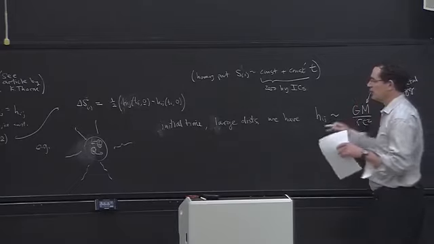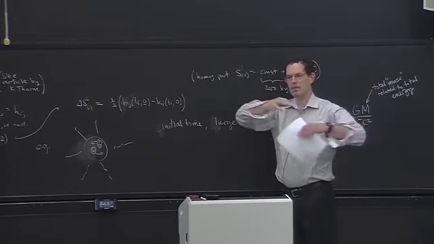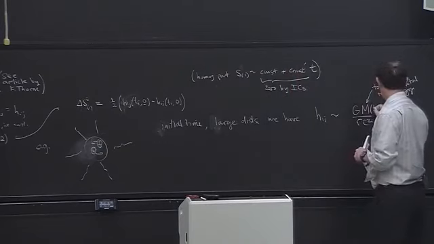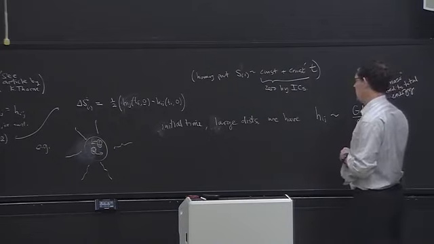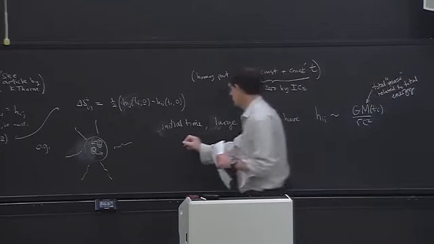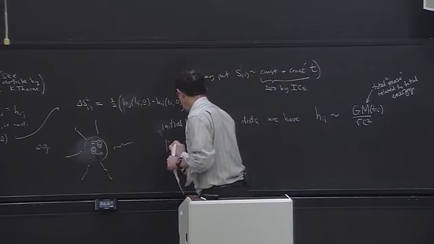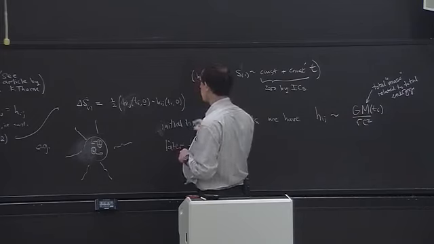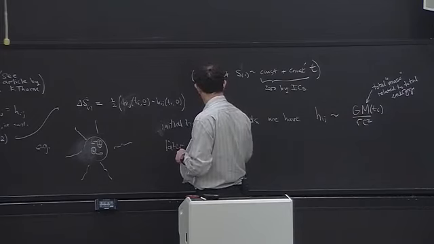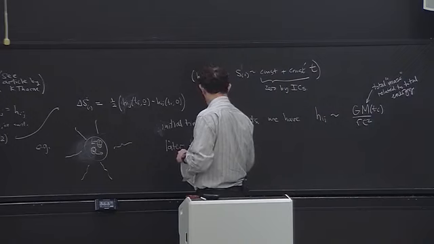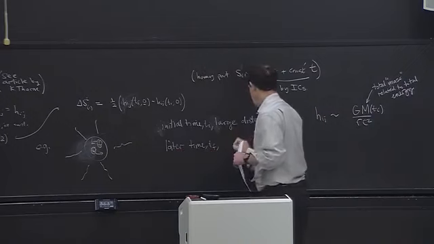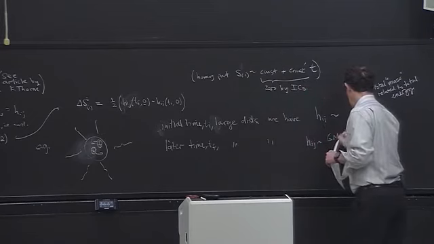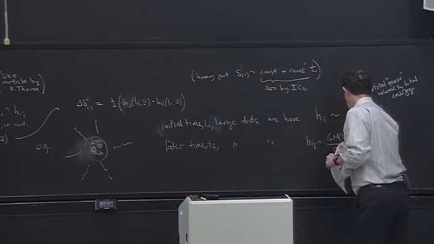So that's something initially. Now, this object emits gravitational waves for some time. Let's call this T initial, and at some later final time, Tf, at large distances, the Hij goes like Gm of Tf over Rc squared.